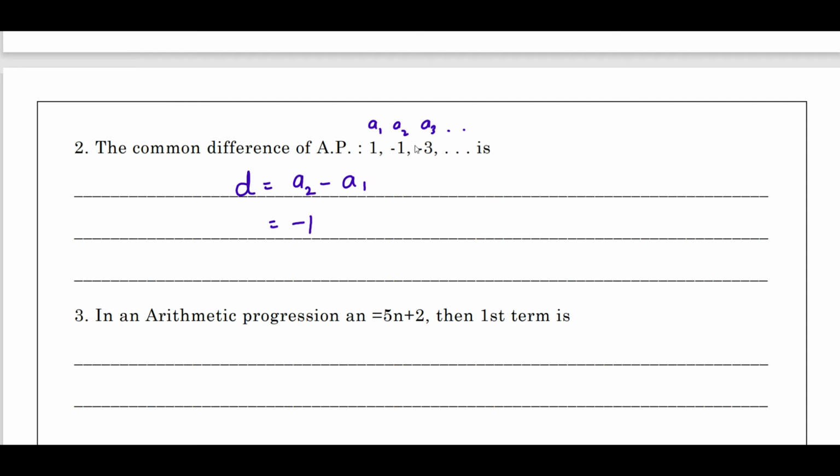Or you can find a3 minus a2 or a2 minus a1. The common difference d equals a2 minus a1. a2 is minus 1, minus of a1 is minus 1. We get d equals minus 2. Two negative numbers you need to add and keep the bigger number's sign. Therefore d equals minus 2.